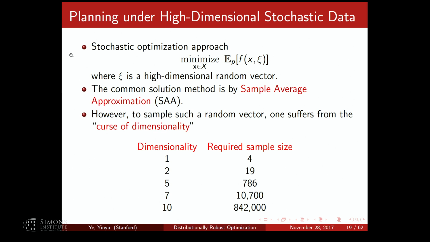This is what we usually call the curse of dimensionality. The required sample size is to accurately analyze the moment information, the mean and also the covariance, those kinds of things. Especially covariance.